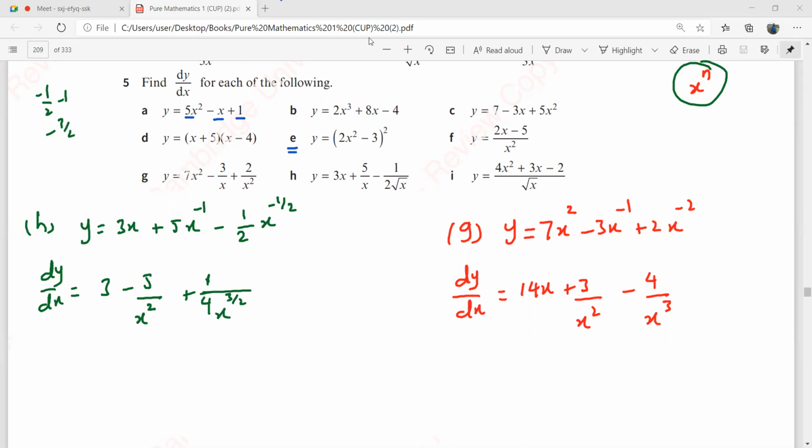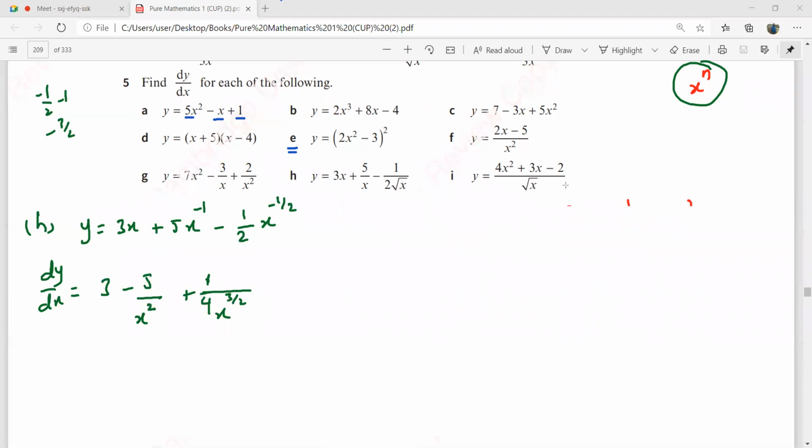And in this last part here, this I part. So again, I'll be splitting all of them. This is 4x squared over under root x plus 3x over under root x minus 2 over under root x.